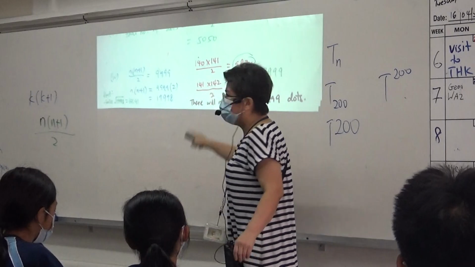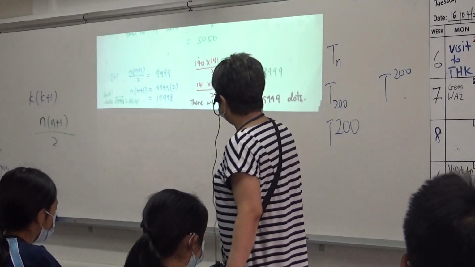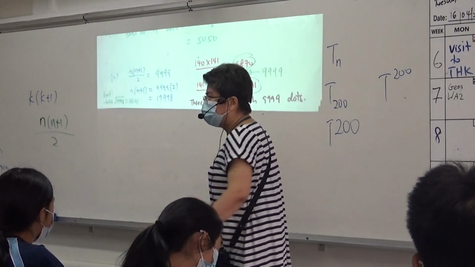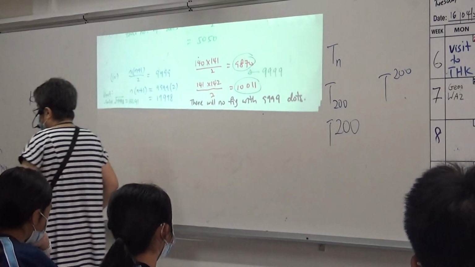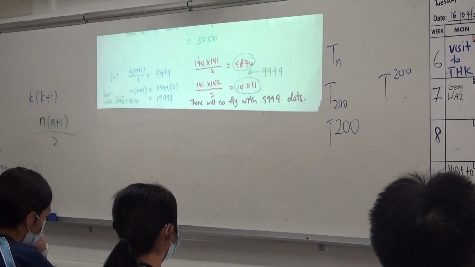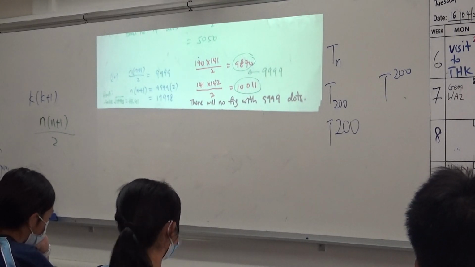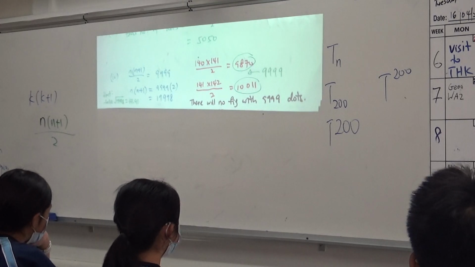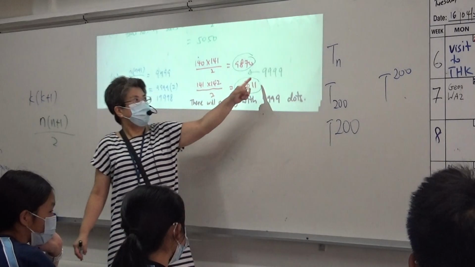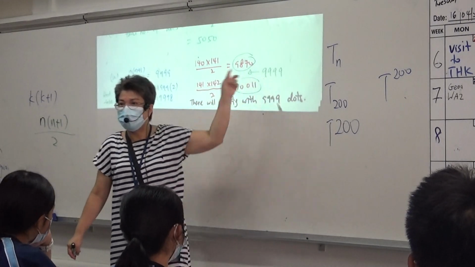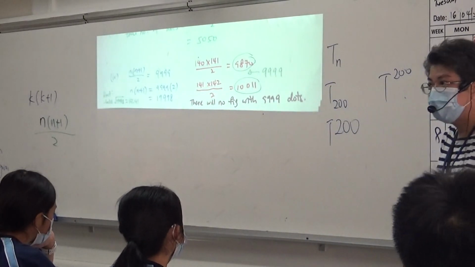That means this one is somewhere in between. Can it exist or not? No, because this one is in the middle. Are you clear? So the answer is, there will be no figure with 9,999 dots. Once you show this and put it in the middle, it's very clear that there is no figure. Do you understand? Because you cannot have a fraction.